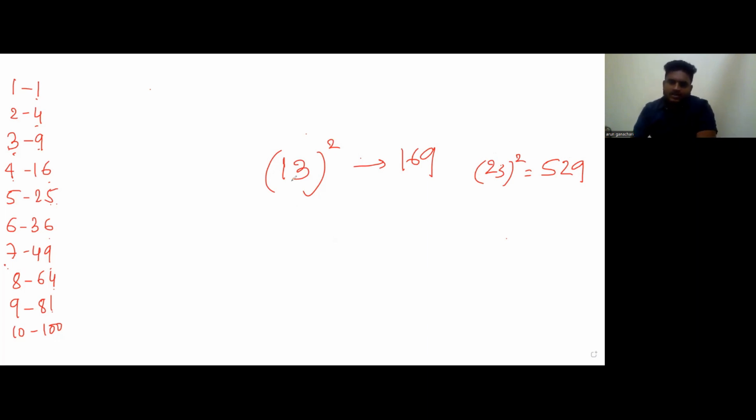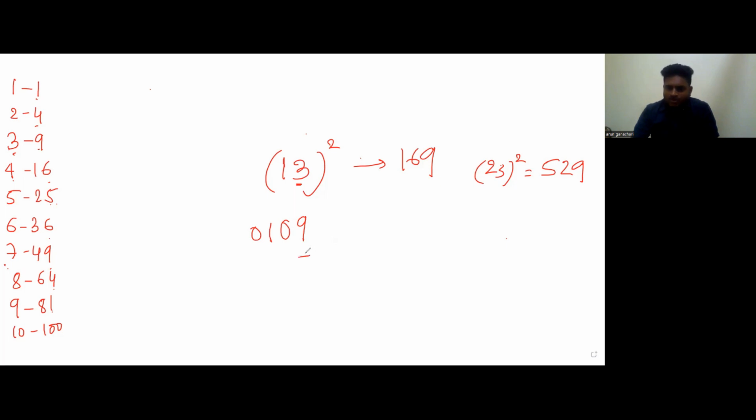Understand this. Here we have 13. First I'll square the last digit. What is 3 square? 9. I'll not write it as 9, I'll write it as 09 because I want 2 digits. What is 1 square? 1. So I'll write it as 01.